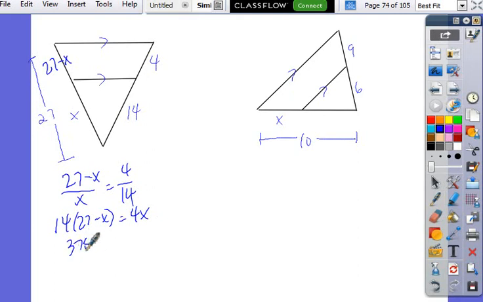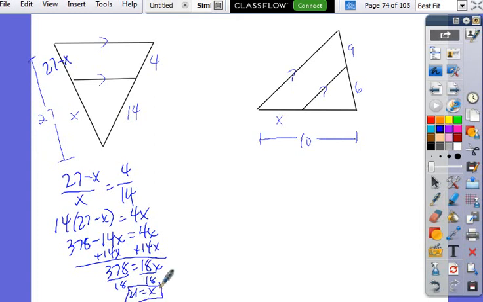Add the 14x. 18x equals 378 and x equals 21. You wind up with 21. If I want to do this next one over here, that part would be 10 minus x. So if I did x over 10 minus x, 9 over 6.